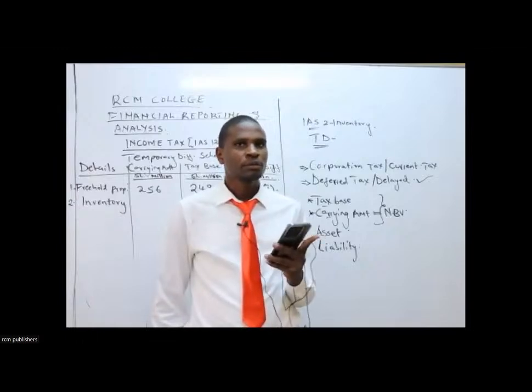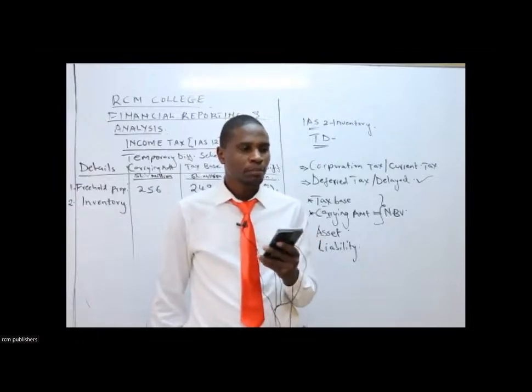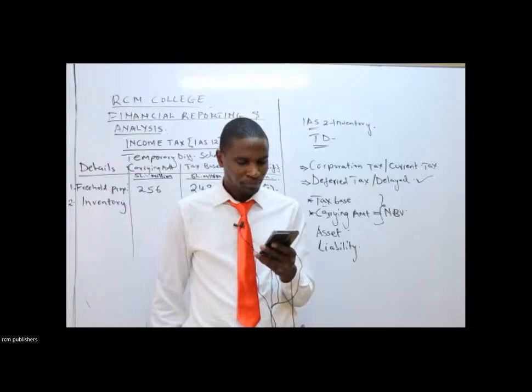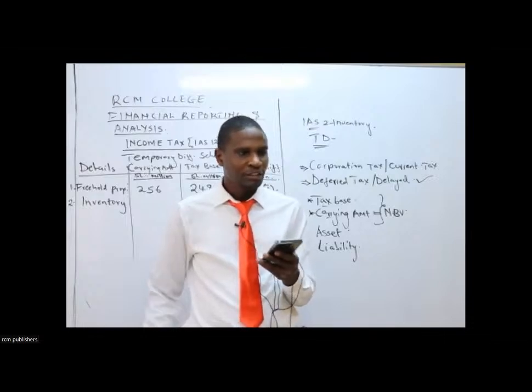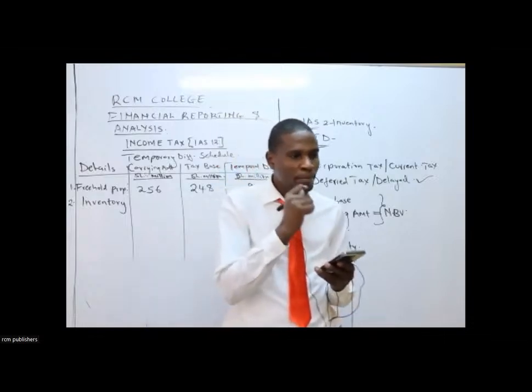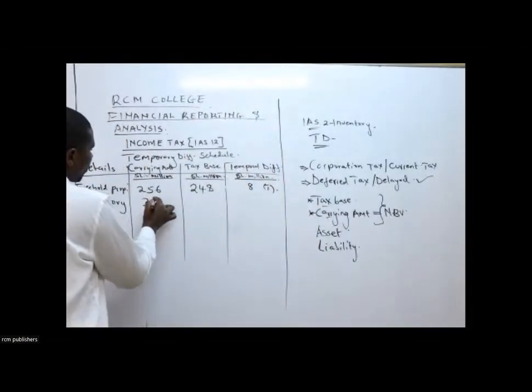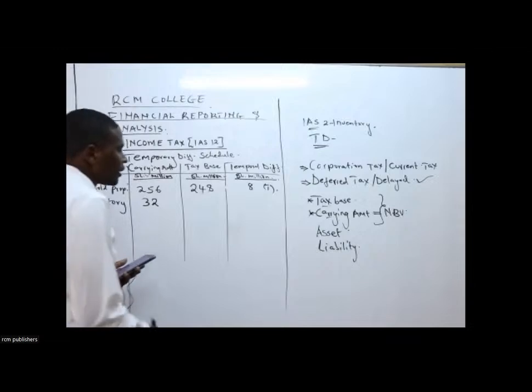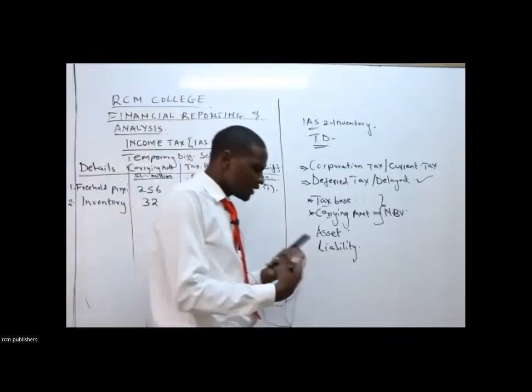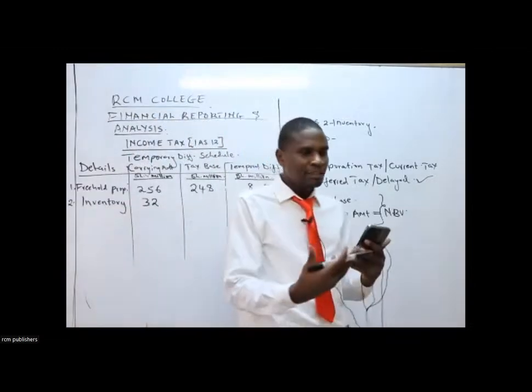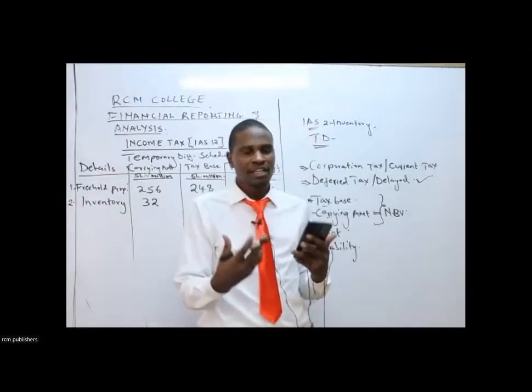You take 48 minus 16. What are you getting? 48 minus 16, how much do we get? 32 million from Samson. Samson is giving us 32 million. Now you ask yourself, how do we get the tax base in this case?